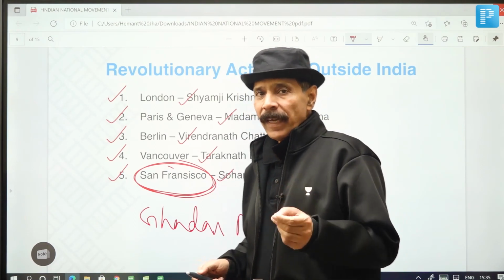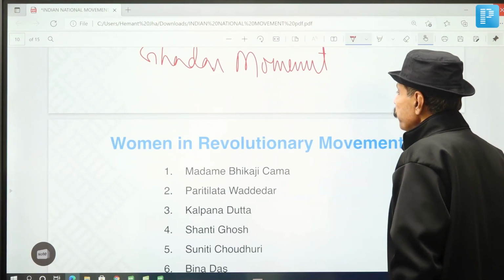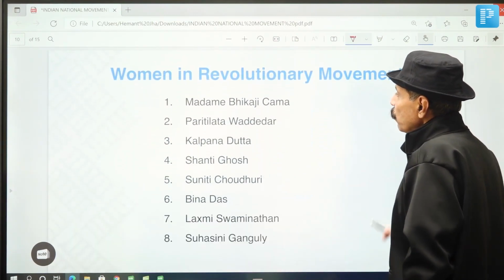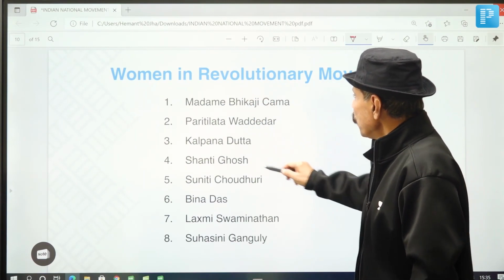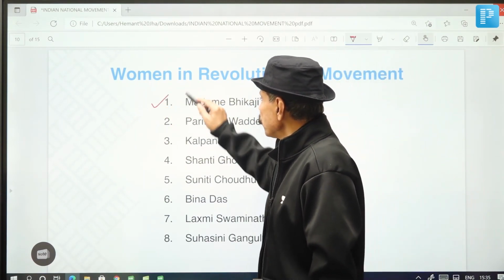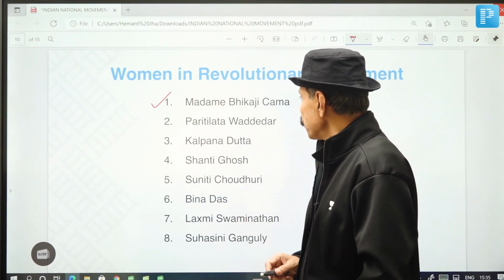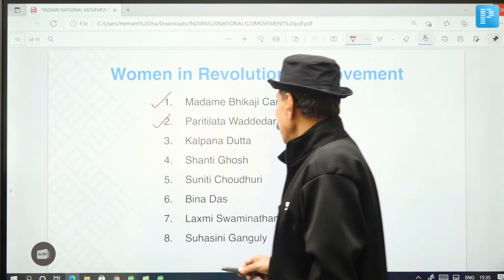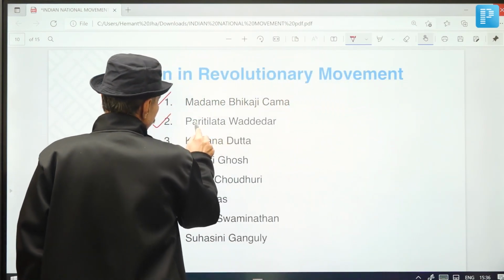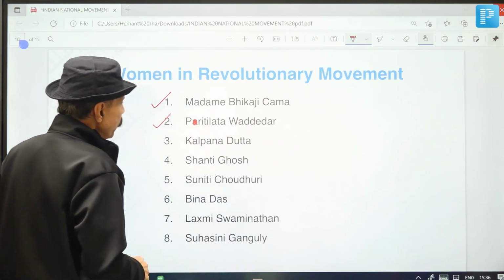And the next thing you are supposed to know related to the revolutionary movement is the names of the women revolutionaries. So, women in the revolutionary movement. One, Madam Bhikaji Cama, who played a role in the first phase outside India, which I have just discussed. Second, Pritilata Waddedar.